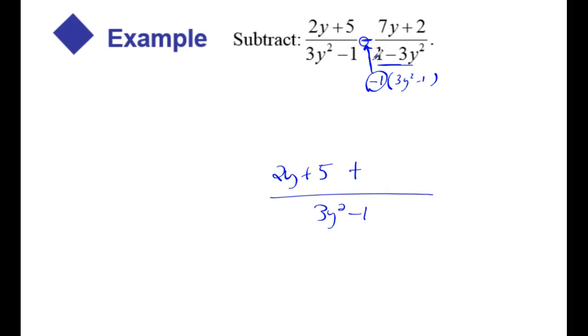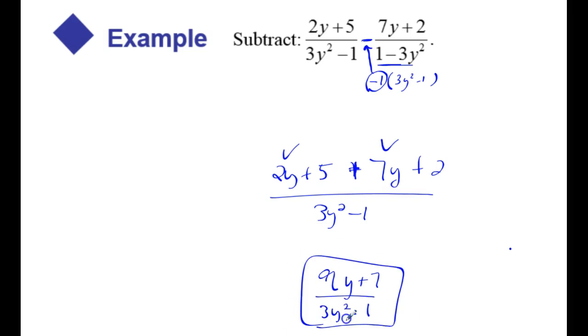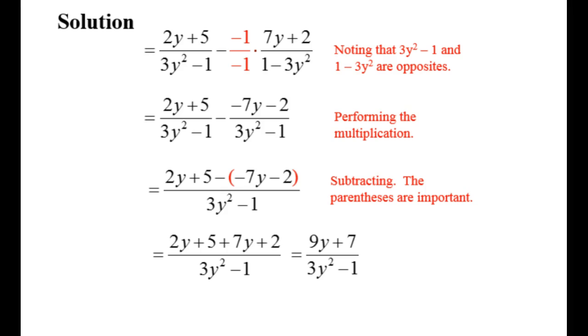This negative sign changed to a positive sign, and 7y plus 2. So the final solution, combining like terms, is 9y plus 7 over 3y squared minus 1. I don't think there's anything to factor here, so we'll just leave that. Good, the author agrees here. They did a little bit more writing than I did.